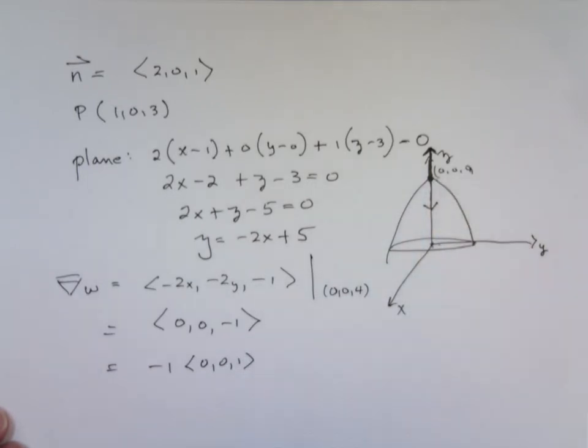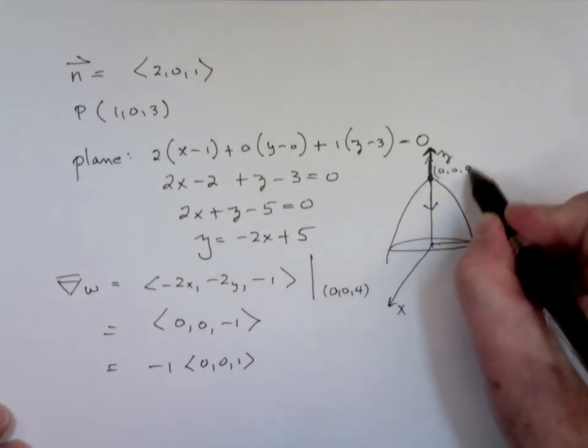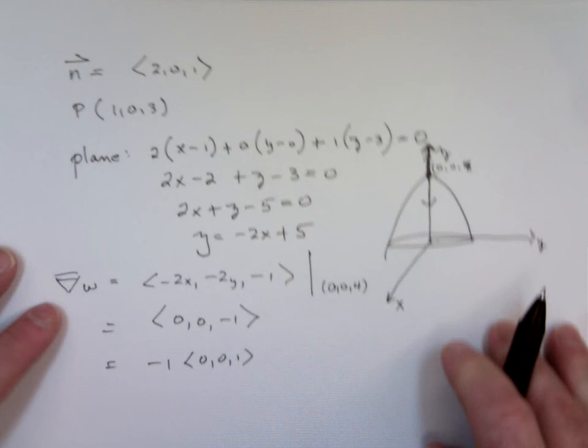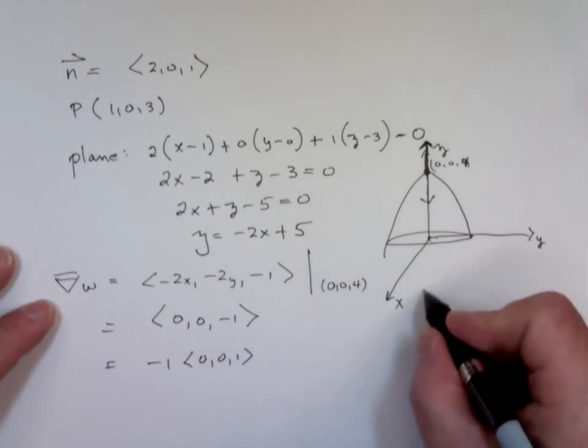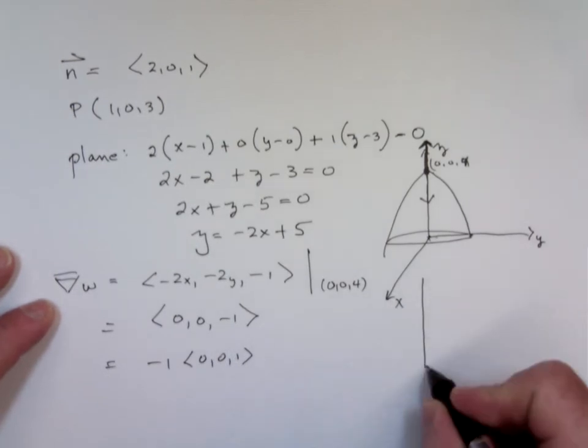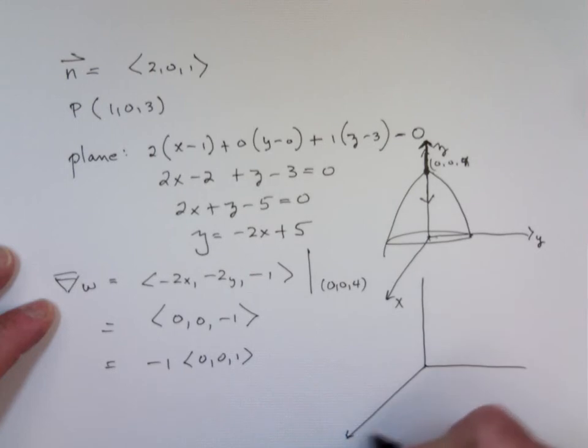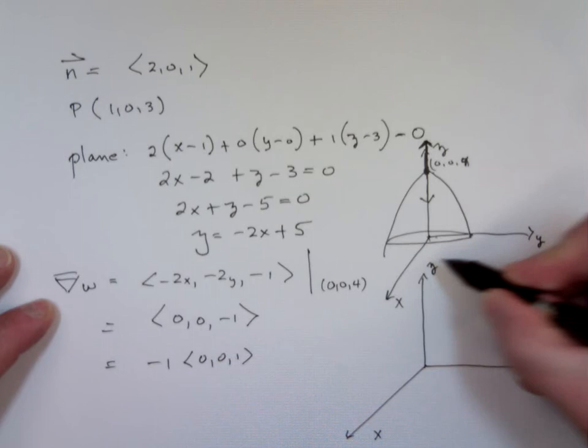Go ahead, Dylan. Is that 0, 0, 0 right there? That's 0, 0, 4. That's a 4 there. Oh, okay. My diagram is not all that hot here. Let me see if I can do this better.